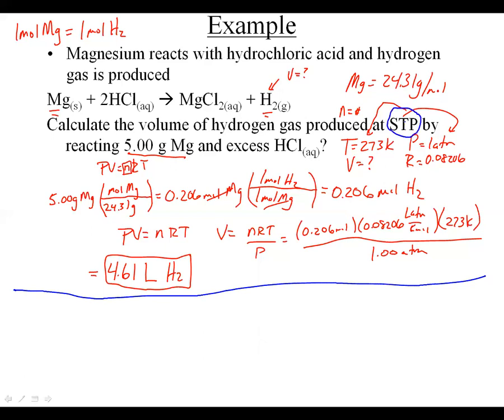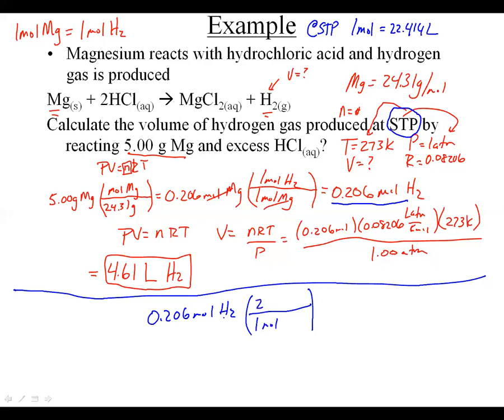Because it happens to be at STP, remember that when we're at STP and only at STP, 1 mole of any gas will equal 22.414 liters, which means essentially once we got to this part, we could have taken the 0.206 moles of H2, and because we were at STP, we could have done 1 mole equals 22.414 liters. The moles would cancel, and we essentially would get the same number.